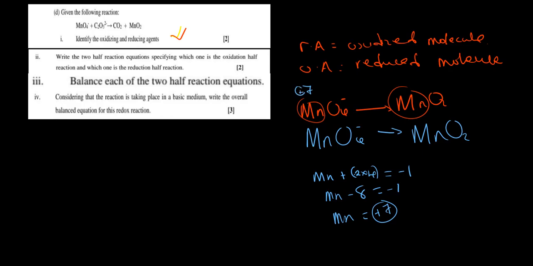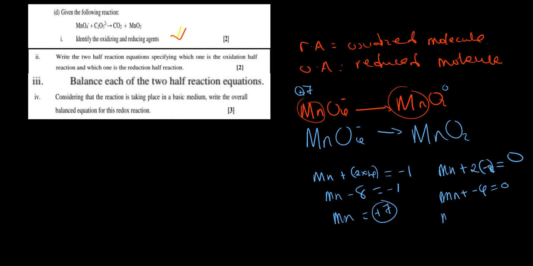So what about this side here? Let's calculate also. We'll say Mn plus, there it is equated to 0, so oxygen is always negative, so I'll say negative 2 like that inside, is equal to the charge given there, which is 0. Then Mn plus negative 4 is equal to 0.